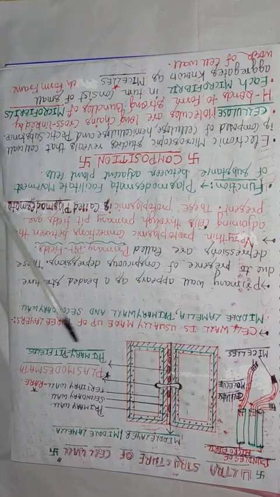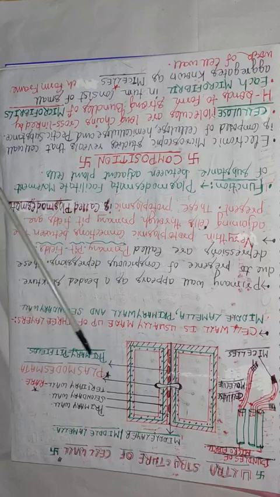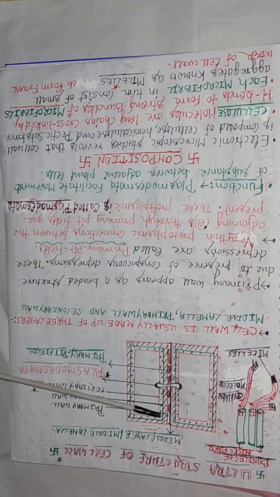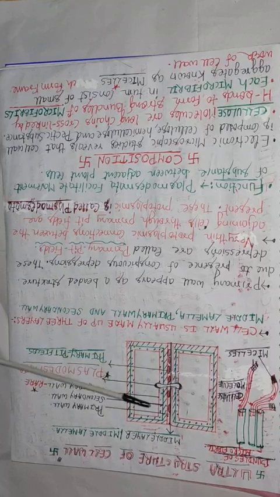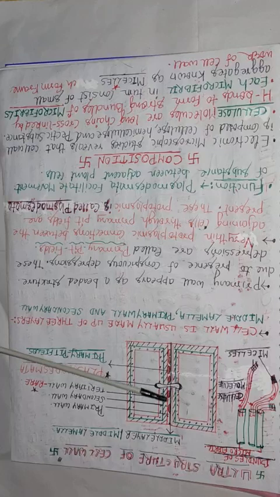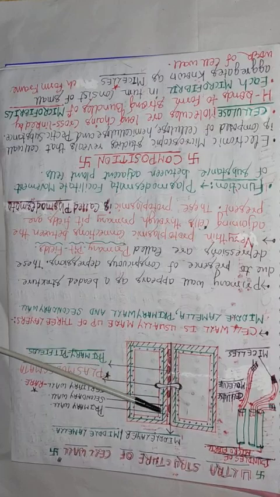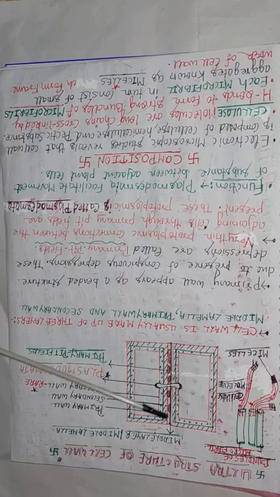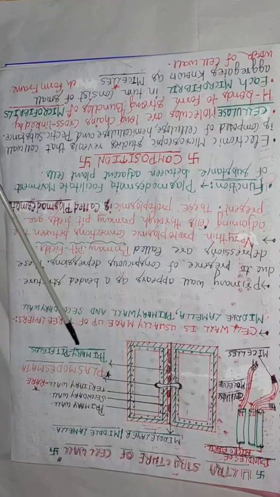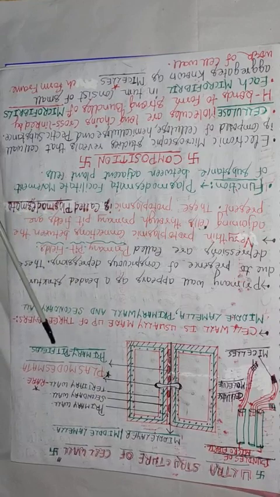Okay. And what are the primary pit fields, children? Here the primary wall appears as a bead-like structure due to the presence of depressions, and these depressions are called primary pit fields, isn't it?